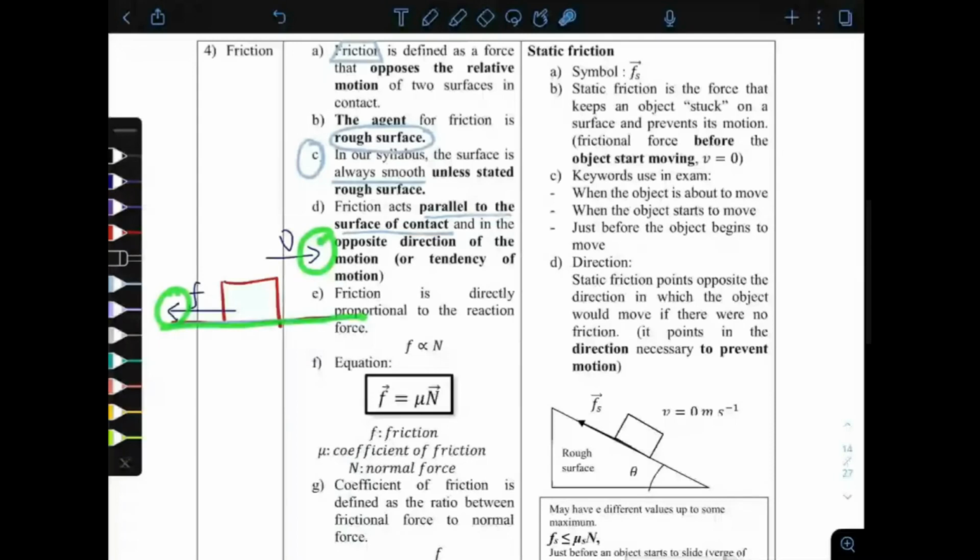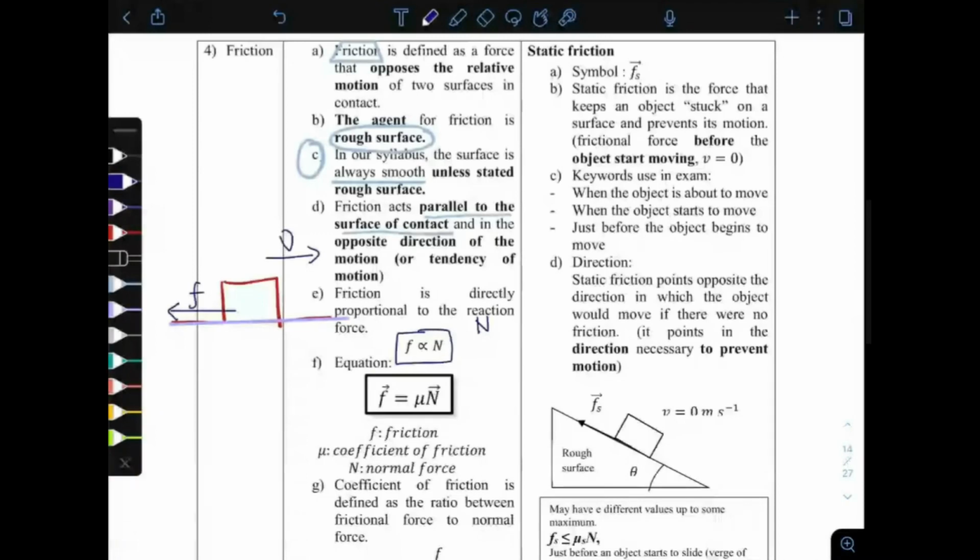Okay. Next, friction is directly proportional to the reaction force. Reaction force adalah force yang ketiga kita belajar, iaitu normal force tadi. Okay, normal force, kata nama lain dia adalah reaction force lah. So, your frictional force is directly proportional to the normal force. So, kalau tinggi normal force kamu, maka tinggilah kamu punya friction dekat sini.